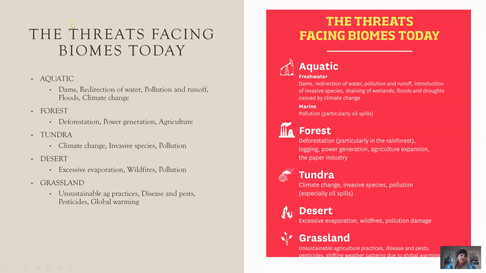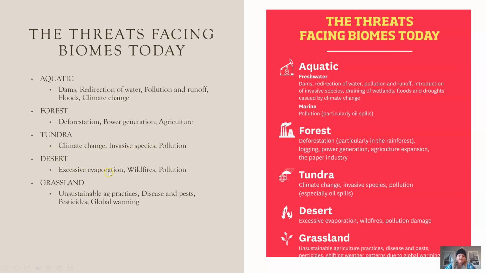So, breaking down what threats face each biome. In aquatic, we see dams, redirection of water, pollution, runoff, floods, and climate change. Forests, we see deforestation, power generation, and agricultural expansion. Tundra, we see climate change, invasive species, and pollution.